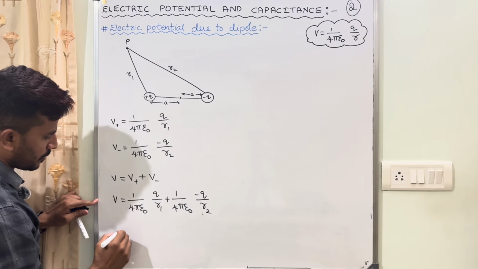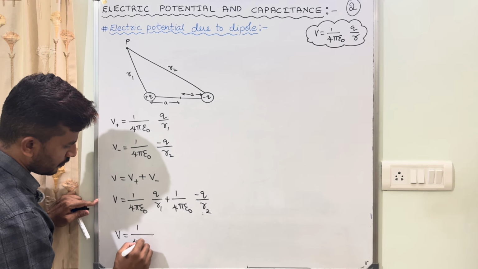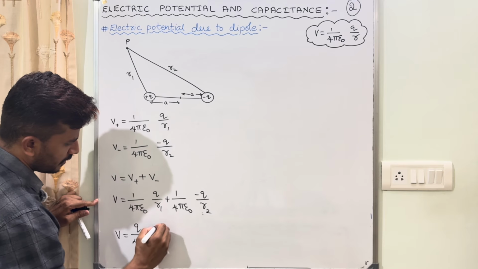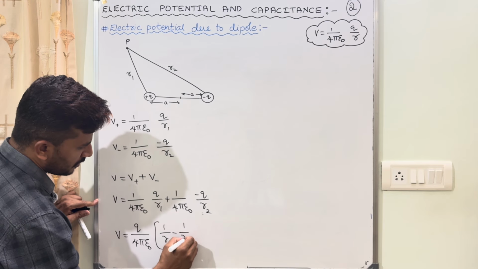Let us take 1 by 4 pi epsilon naught common. So V is equal to 1 by 4 pi epsilon naught. Q is also common. Into the remaining we have 1 by R1 minus 1 by R2.